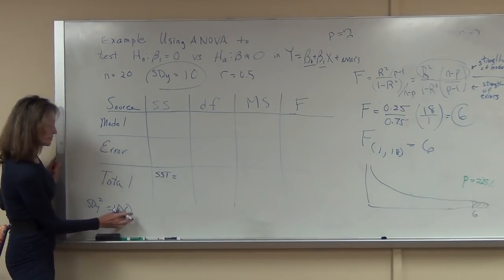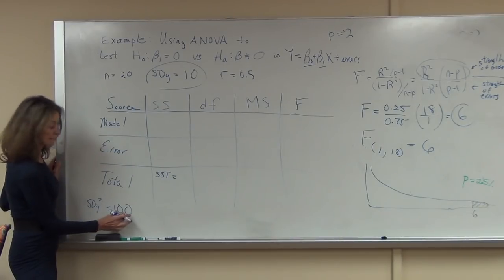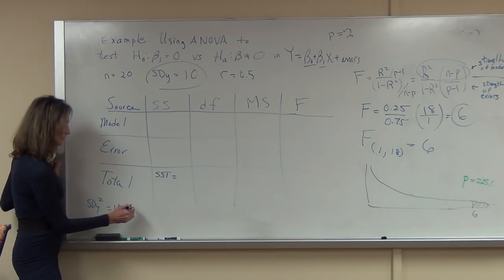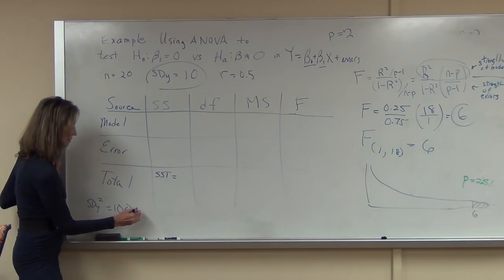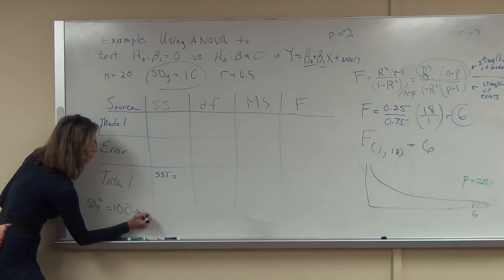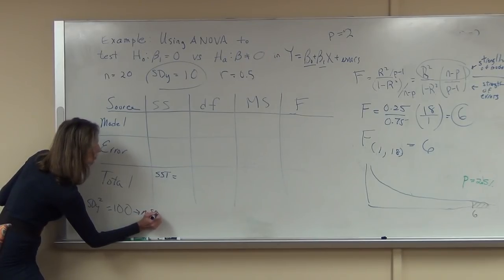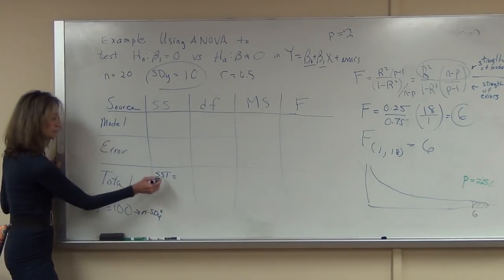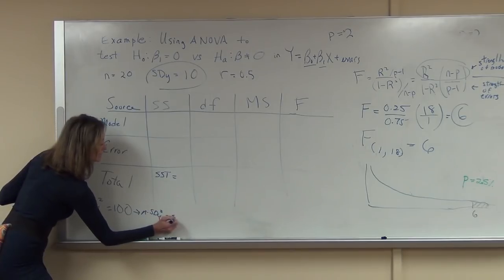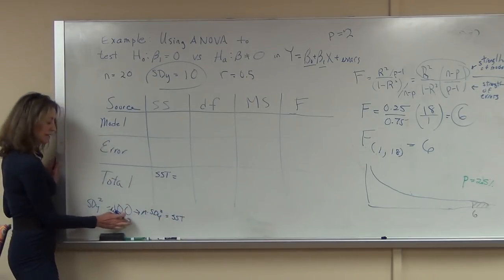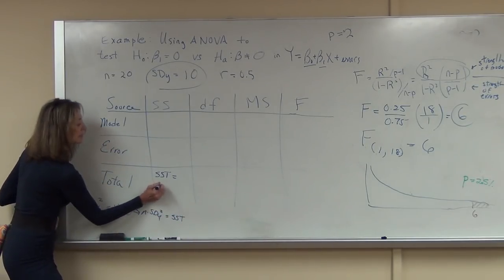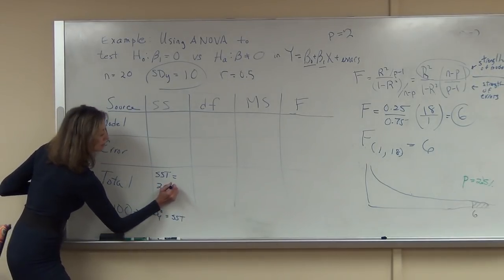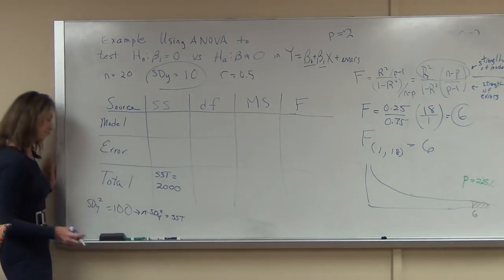But this is the variance, so that's SST over N. So I have to multiply that by N. N times SDY squared is equal to the SST. So 100 times 20 is 2,000. All right?